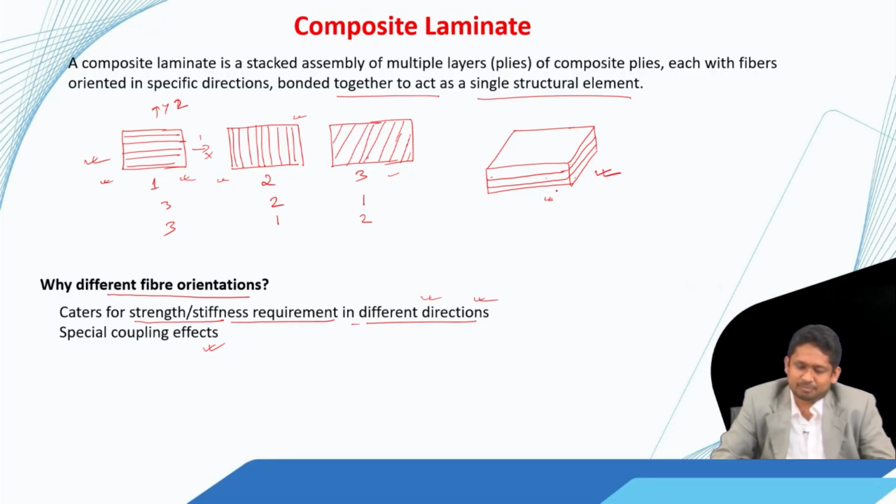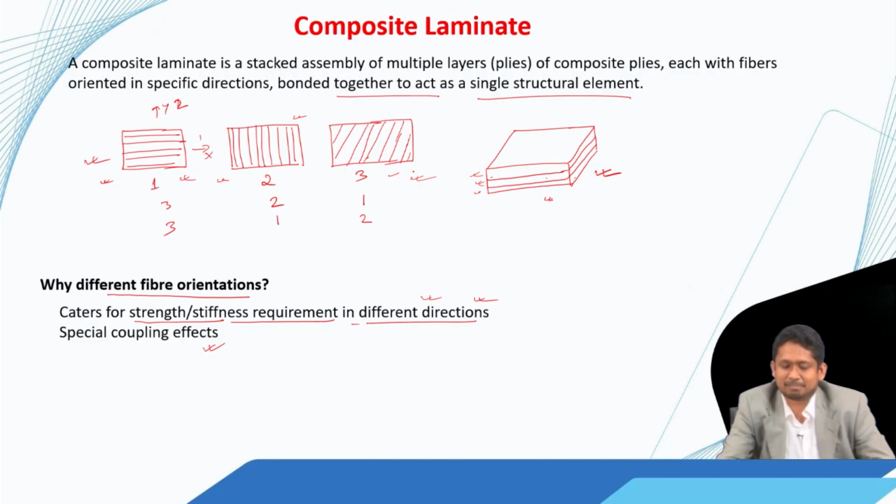But if we make these layers of different properties, which in composites we can do very easily by just changing the lamination sequence, and we make it asymmetric, which we will see in the next lecture, then we can impart those kinds of couplings.